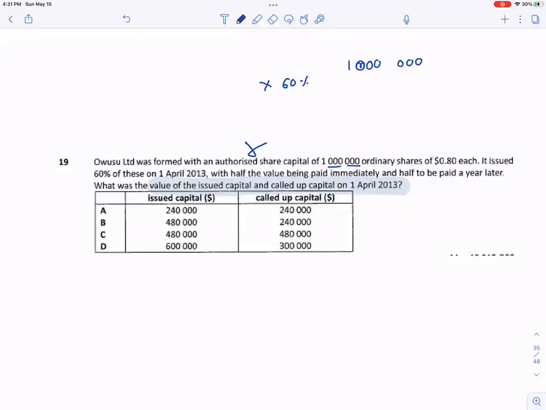So what is 60% of 1 million? I have issued 600,000 shares of 0.80 each. Do you all agree with me?